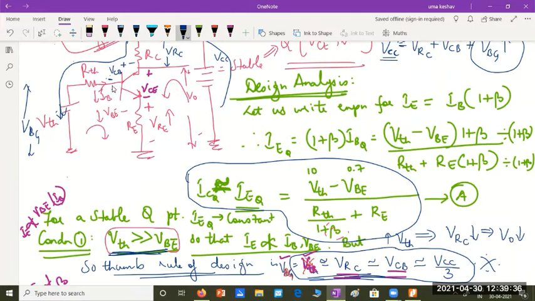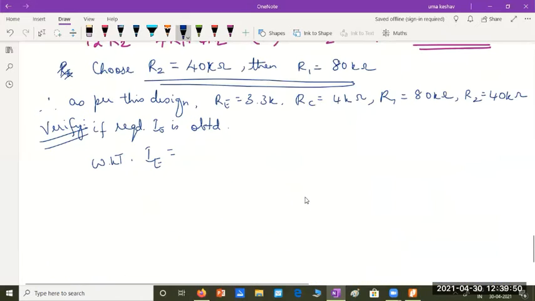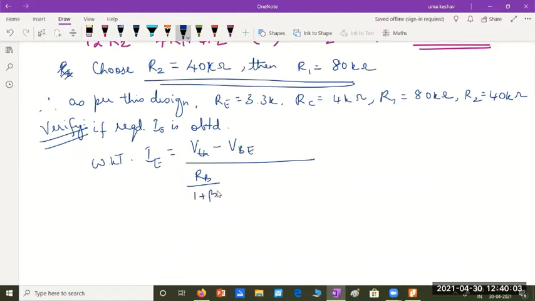Here I have one base current, IB, which should be written as IE by 1 plus beta. The other current is IE itself. And if you do the KVL of this input loop, you'll still get the same equation. So here we'll write this equation directly. IE is V Thevenin minus VBE divided by RB by 1 plus beta plus RE.